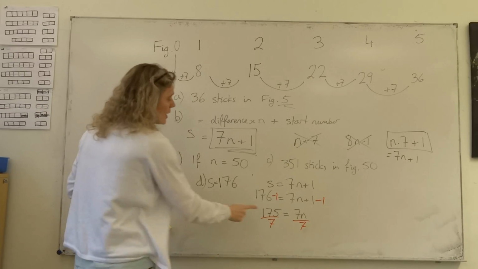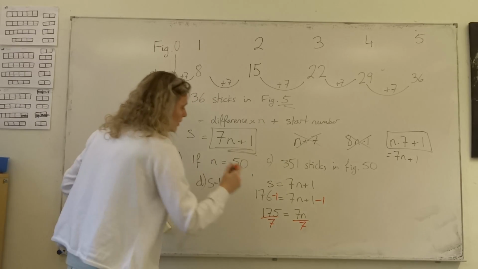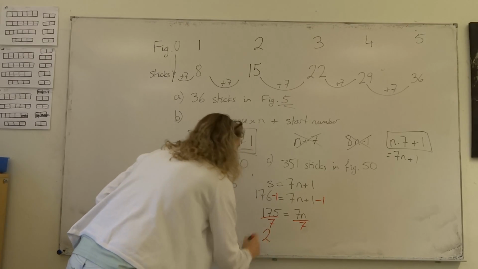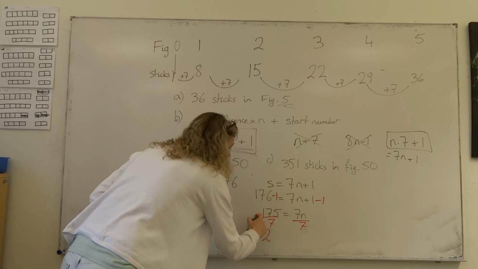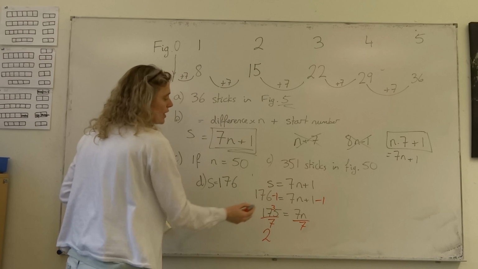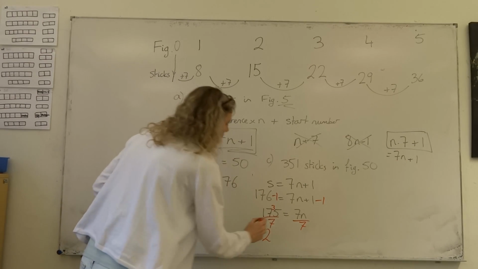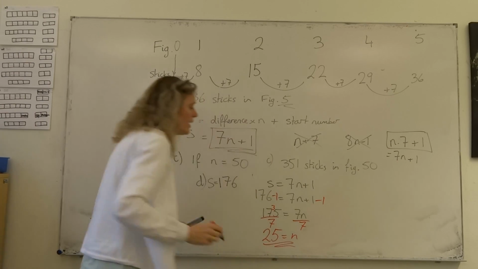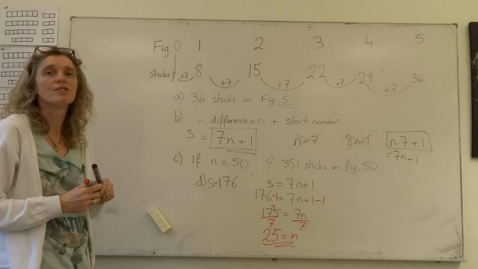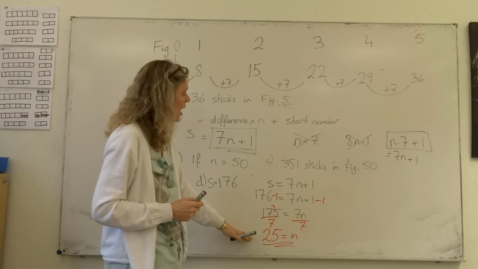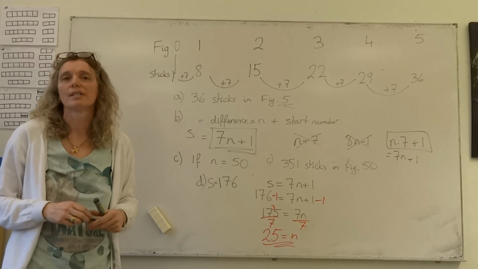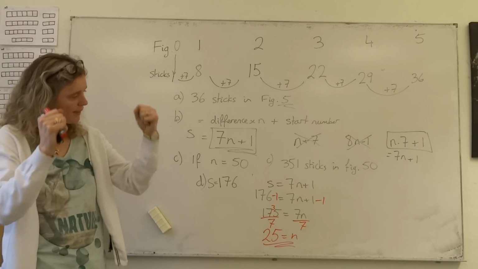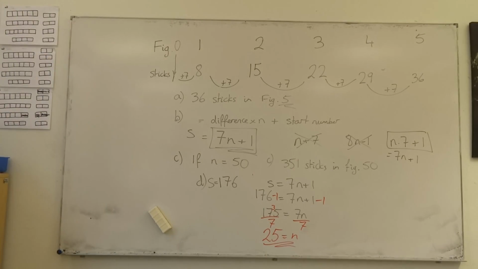Just 1n. 7s go into 17 2 times. 2 7s are 14. We had 17, so there's 3 left over. And then 7 goes into 35 5 times. So 1 lot of n is 25. So figure number 25 has exactly 176 sticks. And that's it. Then you're done. Well done, guys.